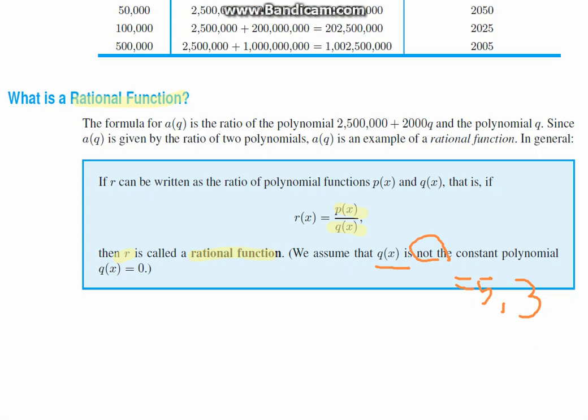So q(x), the denominator, cannot be a constant polynomial, and it cannot be 0 either, because then it will be undefined. And also, it doesn't say here, but p(x) also cannot equal 0, because that would just be 0, and r(x) would just be 0, and that isn't a rational function because we just said it's the ratio of two polynomial functions, p(x) over q(x). So yeah, that is a rational function.